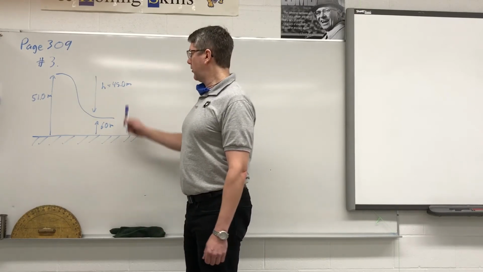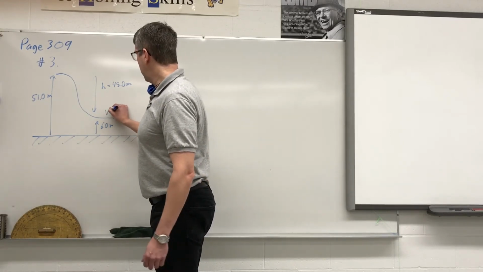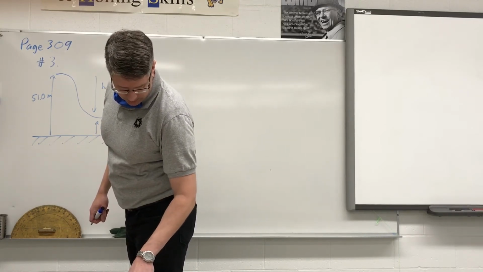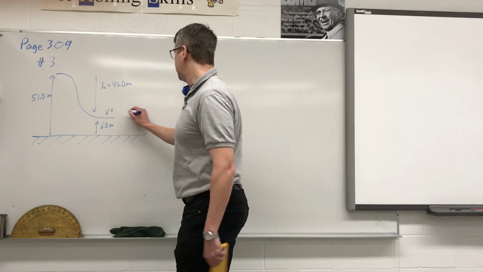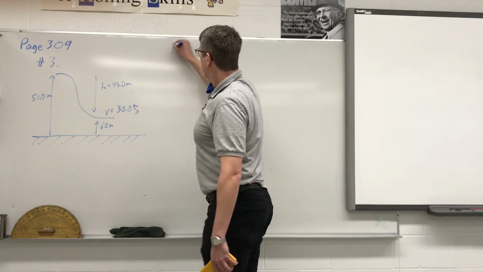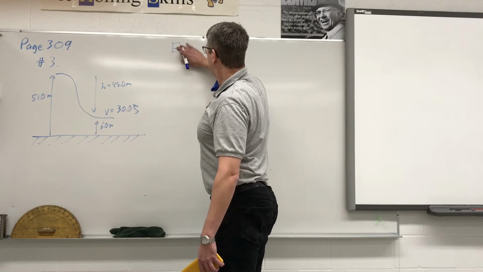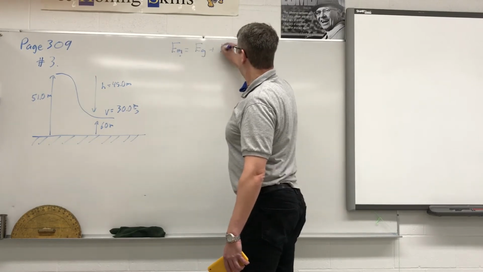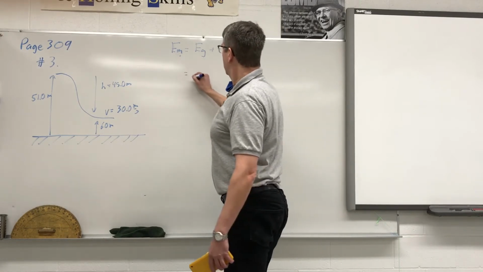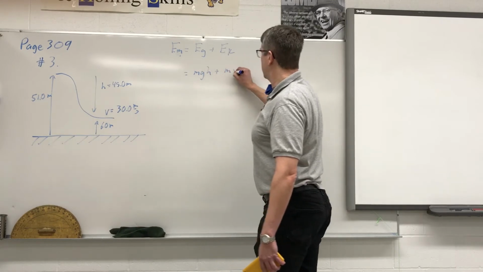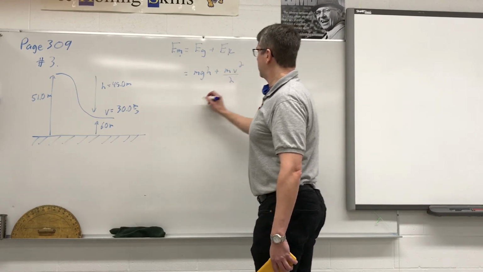So we're calculating our energy, that's what we want to use, and our velocity at the bottom is given at 30 meters per second. So calculating our mechanical energy is equal to our gravitational plus our kinetic energy. So gravitational energy will be mgh, kinetic energy mv squared divided by 2.